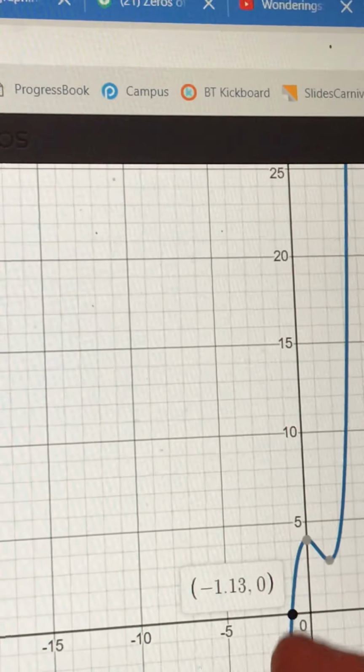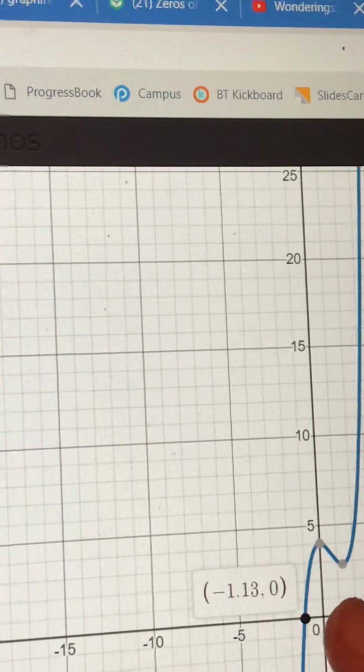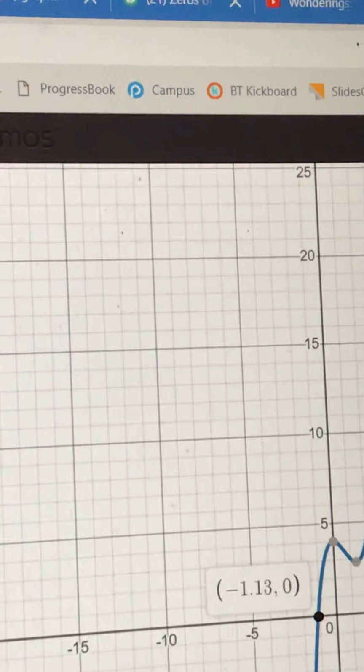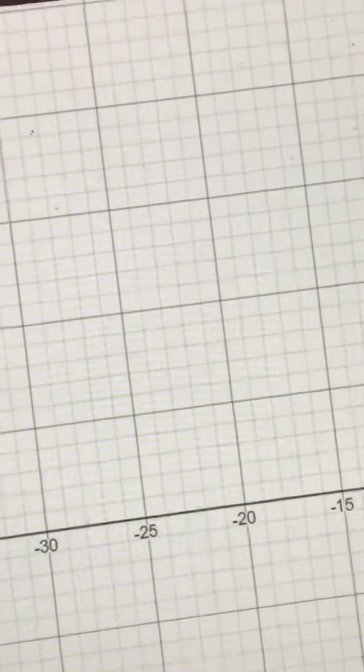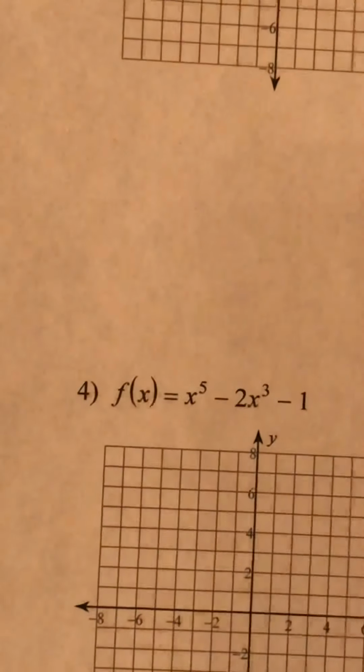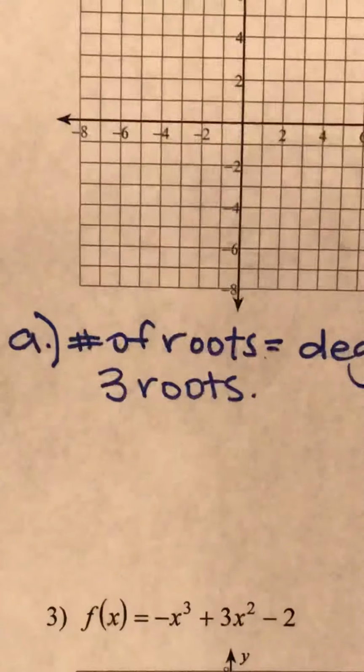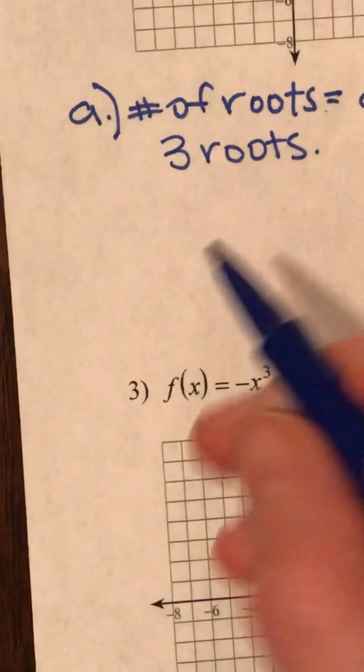That has a couple of possible explanations, but in particular, since it actually crosses the x-axis at that one spot, we know that there is one real root at negative 1.13. So you can answer B and C simultaneously here.